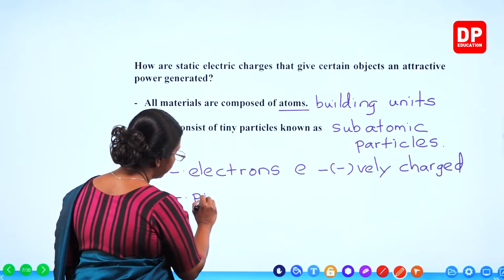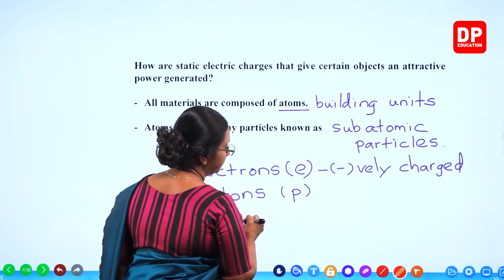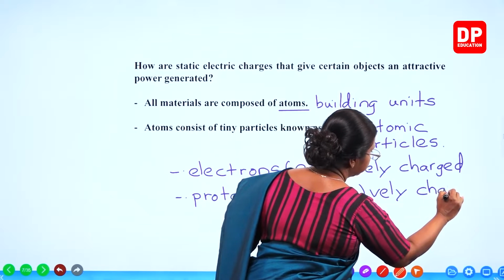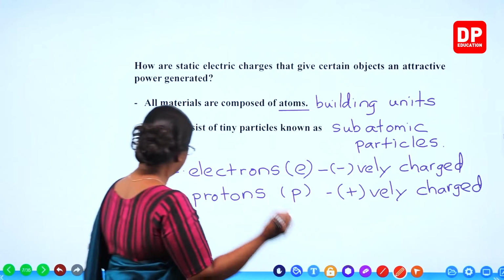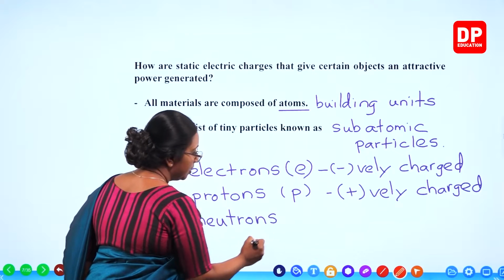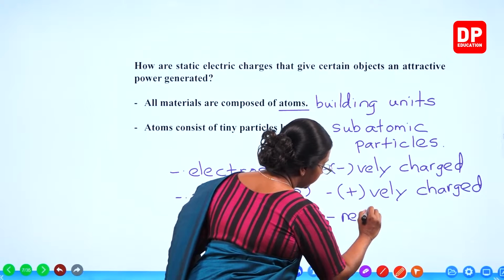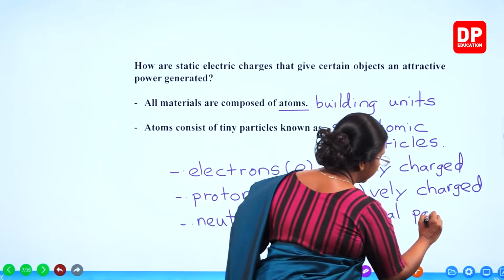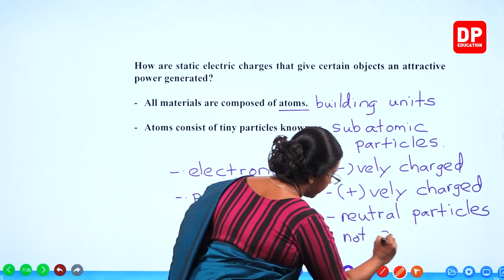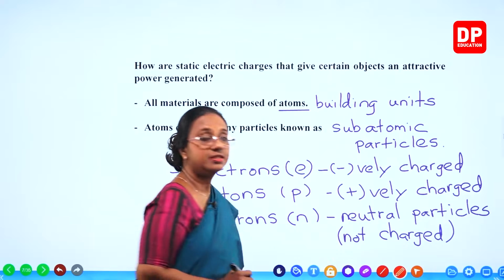Then we have protons. For protons, we use the symbol P, and they are positively charged. And we have the third subatomic particle, neutrons, usually simply N, and they are neutral particles, or we can say not charged, or they do not have a charge.